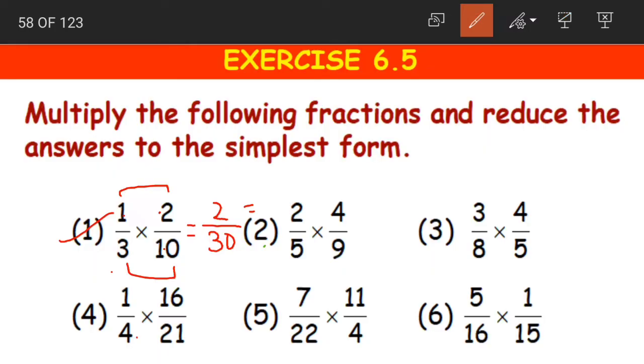Next question 2. 2 by 5 into 4 by 9. 2 4s are 8 divided by 5 9s are 45. Now this cannot be further reduced to simplest form because of the HCF of both numerator and denominator. The factors of 8 are 1, 2, 4 and 8. The factors of 45 are 1, 5, 9. And then what else do we have, children?